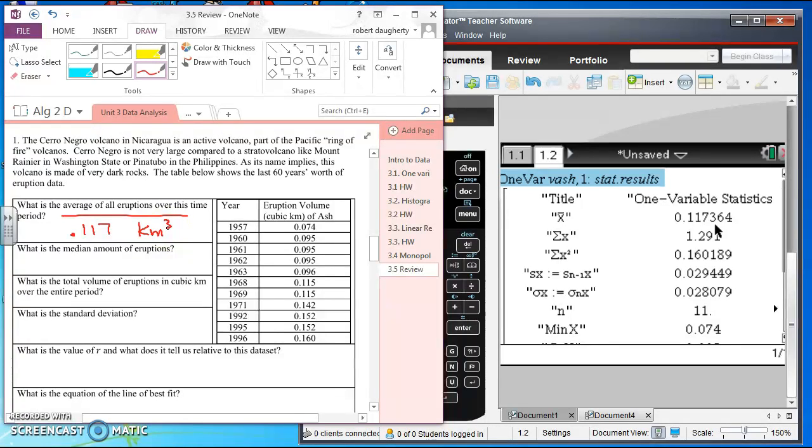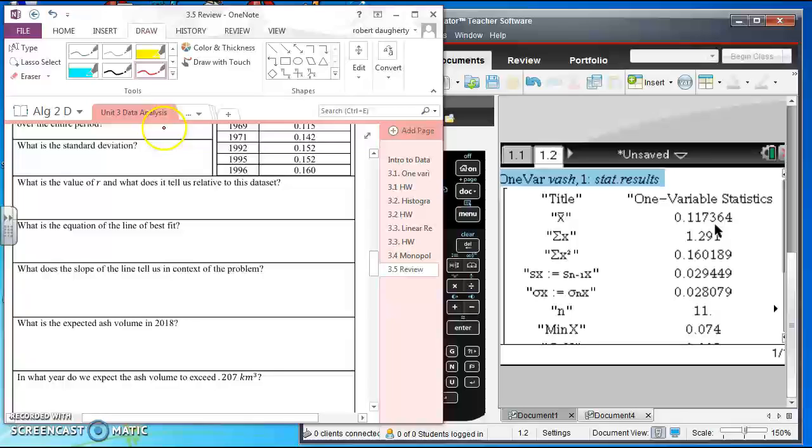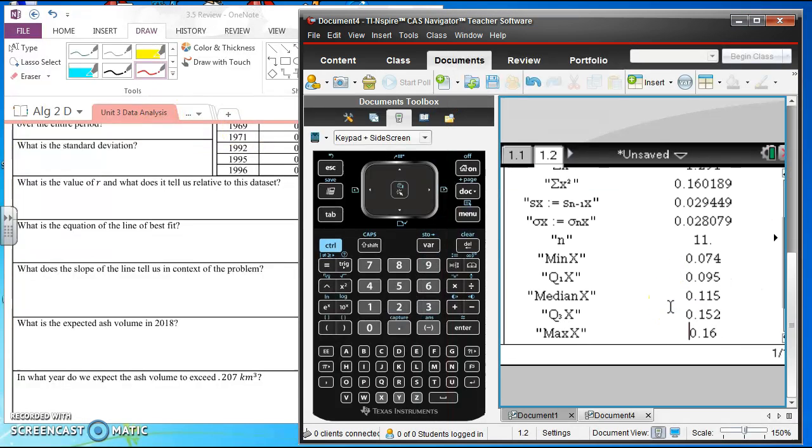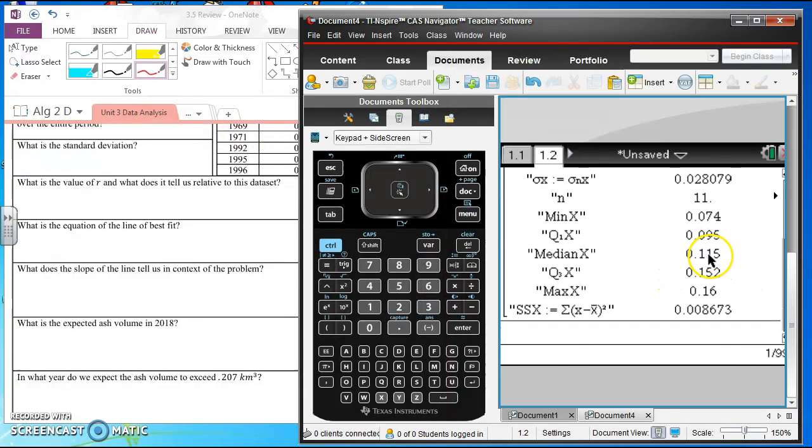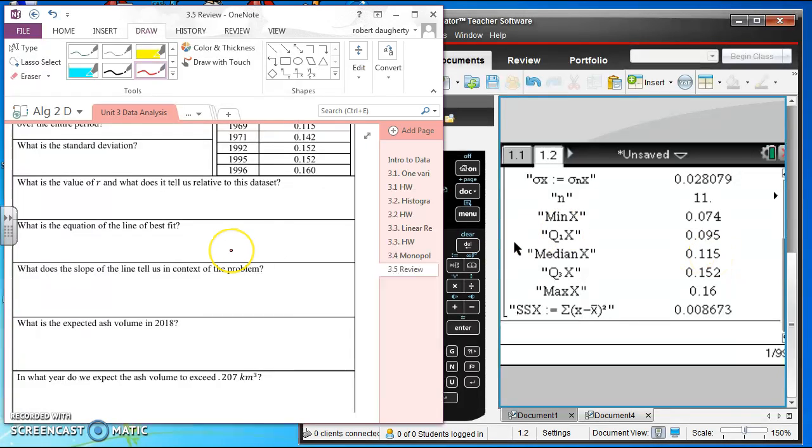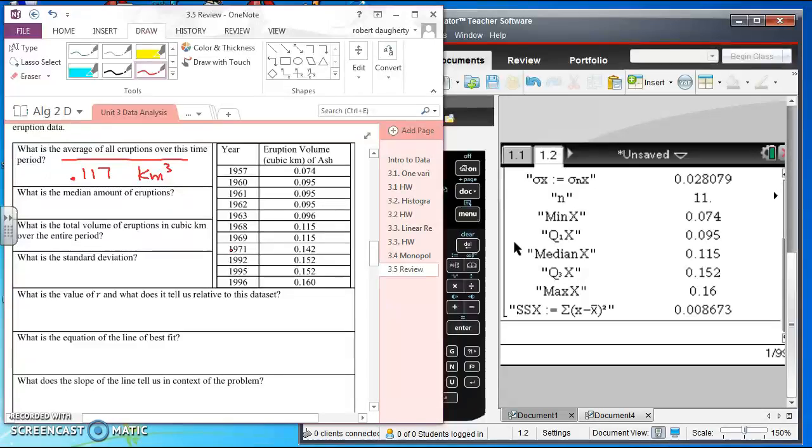What is the median? If I look over on my stat calculations, I find that the median is 0.115. So my median is 0.115. So I'll write that down.